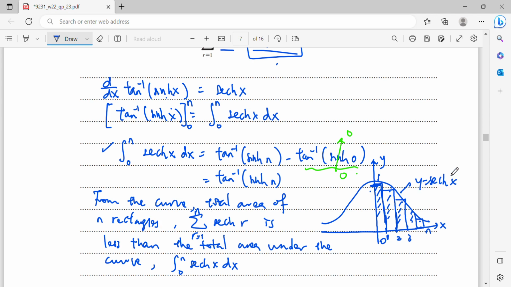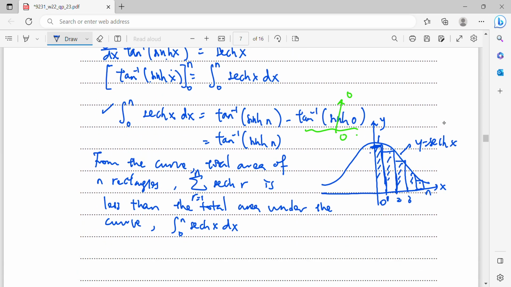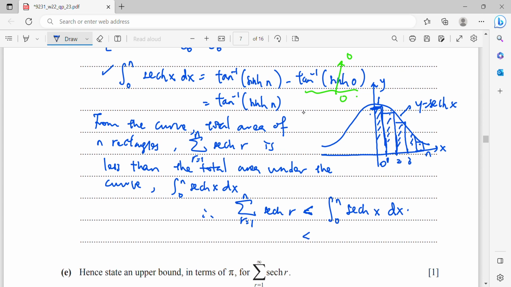So the summation is less than the area of the graph, which means it is less than inverse tangent sinh n. So this is how we prove this inequality.